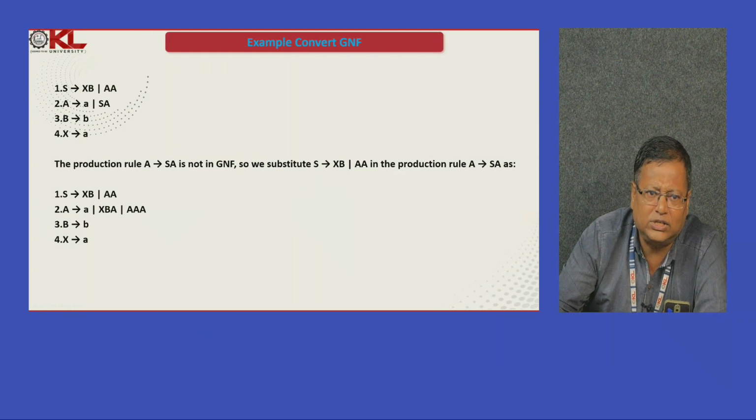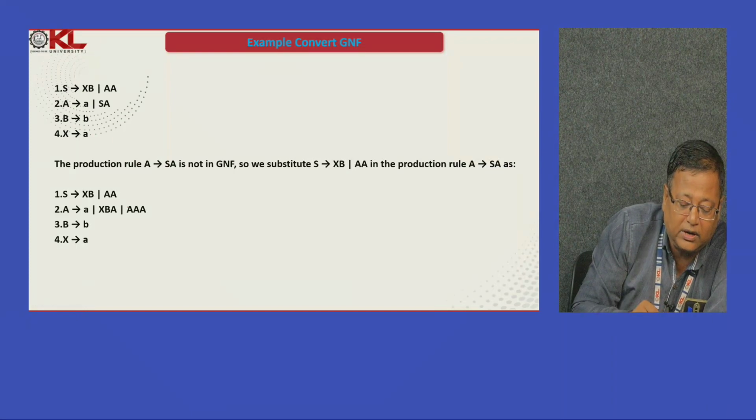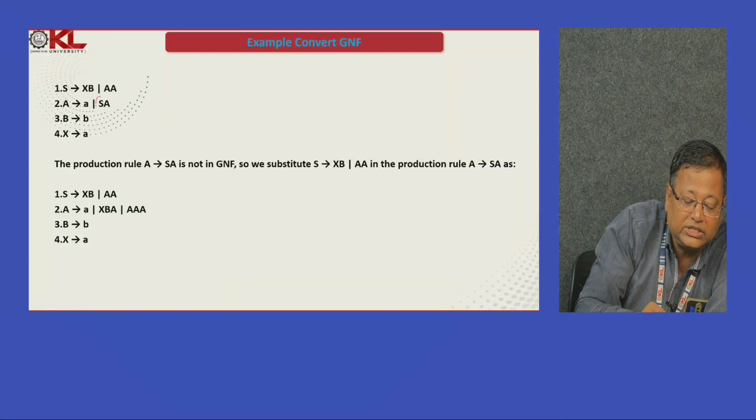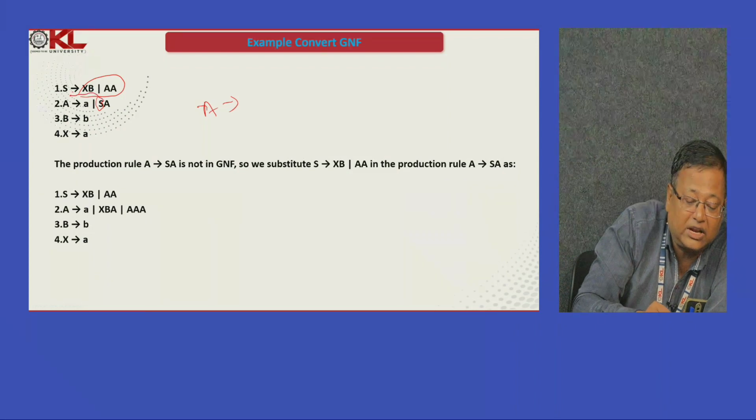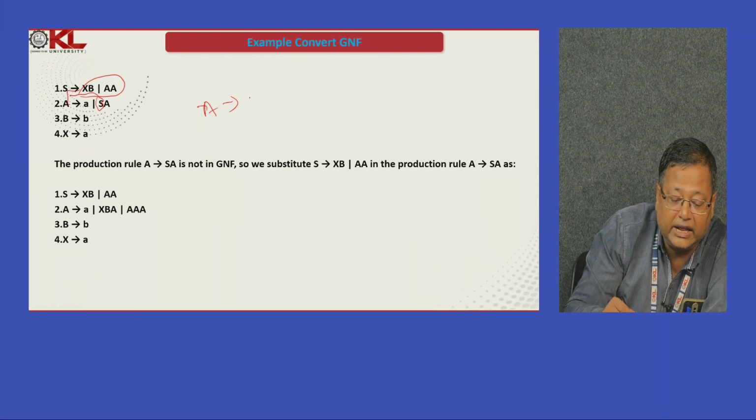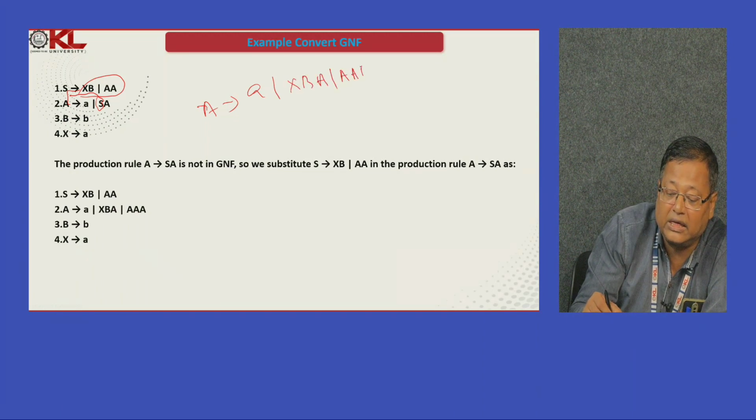So first A derives SA is not in GNF. So we substitute S derives XB. We substitute here SA, instead of S we substitute this. It means we write A derives XBA or AAA.